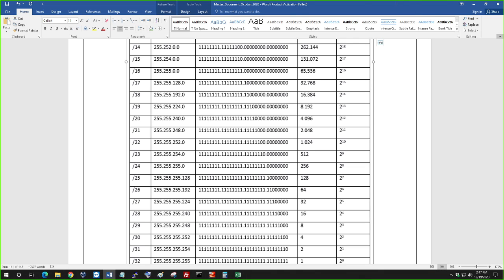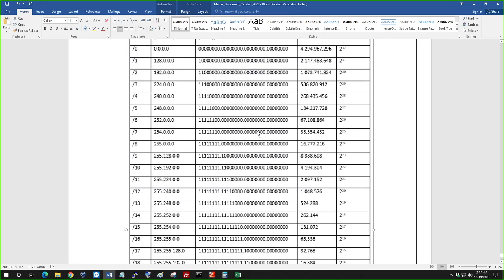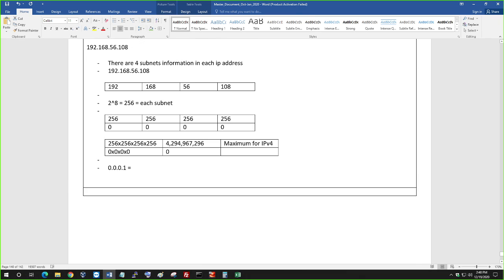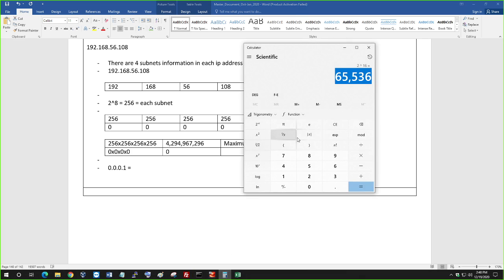IPv4 is 2 to the power of 32. The maximum is 2 to the power of 32. If you do the math here, if you simply type 2 to the power of 32, it's going to be 4 billion, all that number.